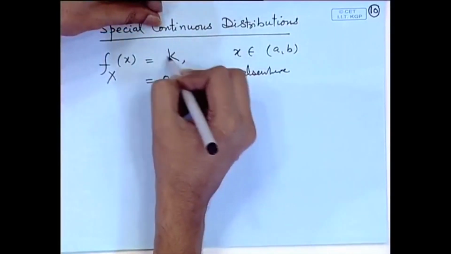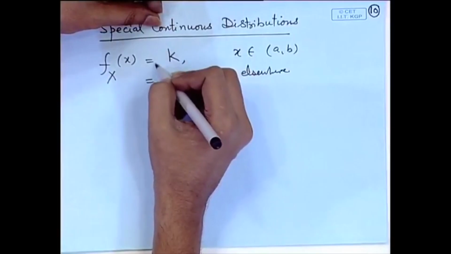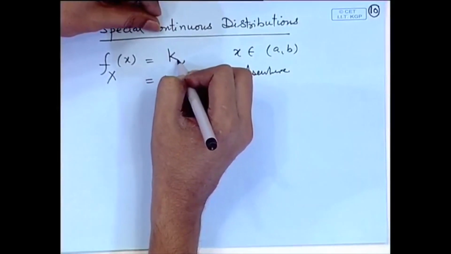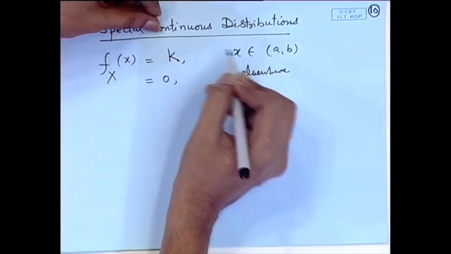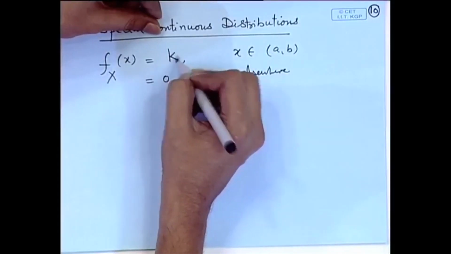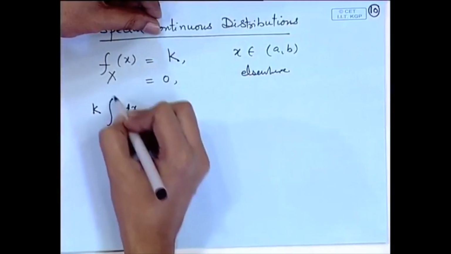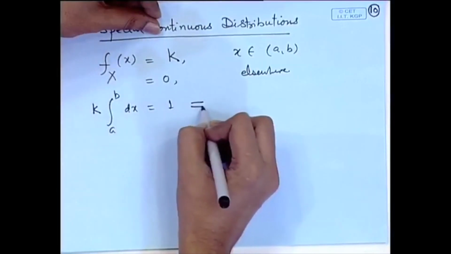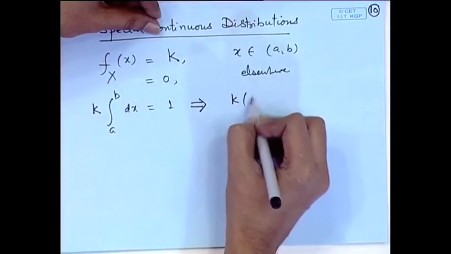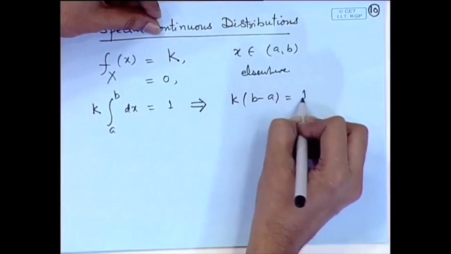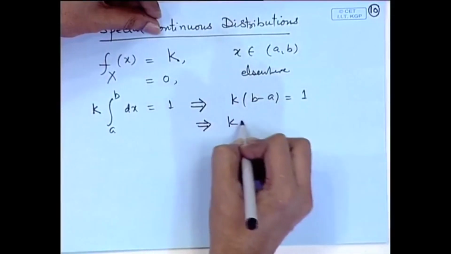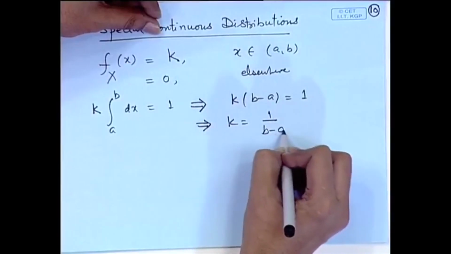we call it the uniform distribution. Now, what should be the value of the constant? That can be determined by the condition that the density must be non negative and the integral of the density must give you 1. So, k must be non negative and the integral of k from a to b must be 1. This means k into b minus a is equal to 1. That means k is equal to 1 by b minus a.